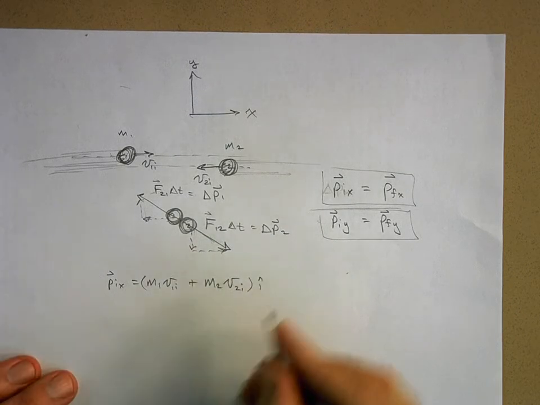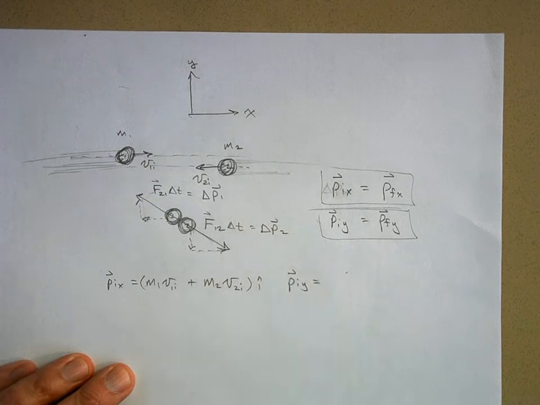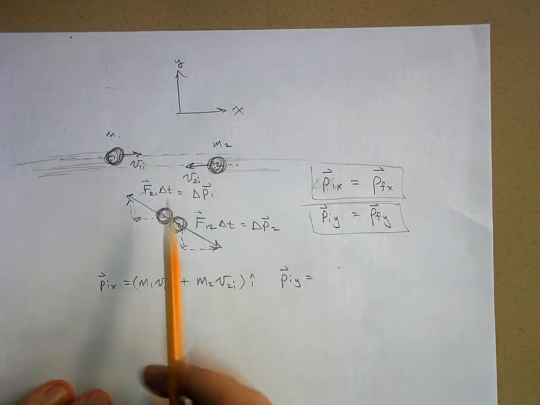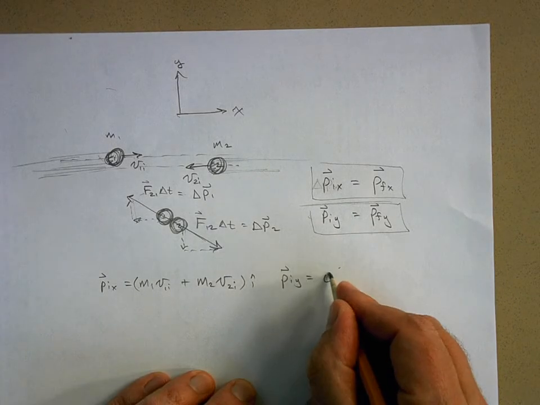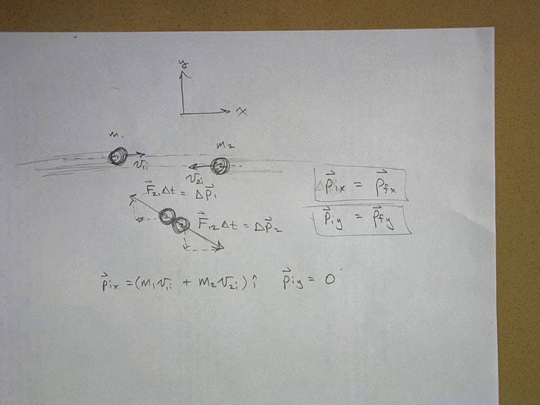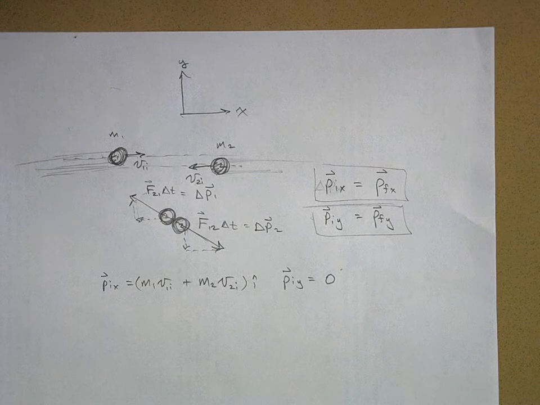But what about the y direction? If I look at this problem, what's the initial momentum in the y direction? Zero. You look at these two objects, the way I've drawn them, the way I've selected my axis system.